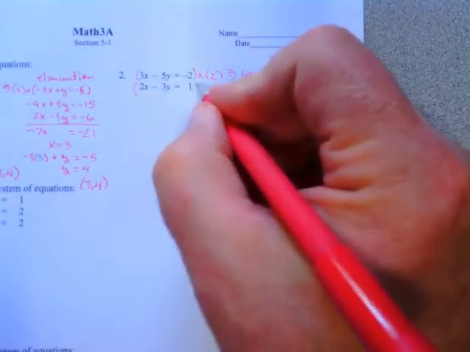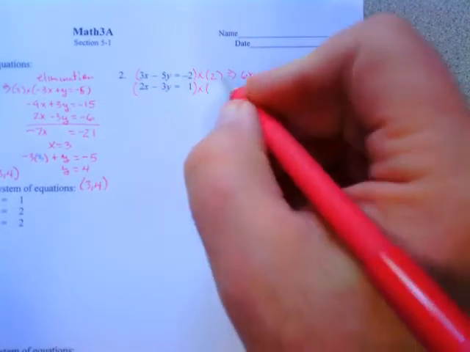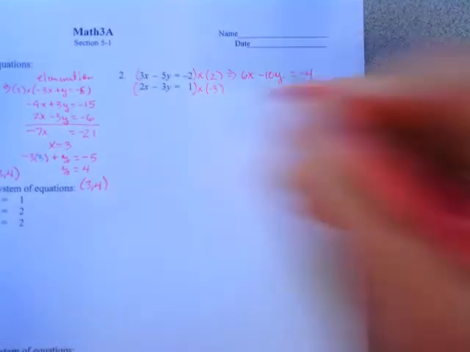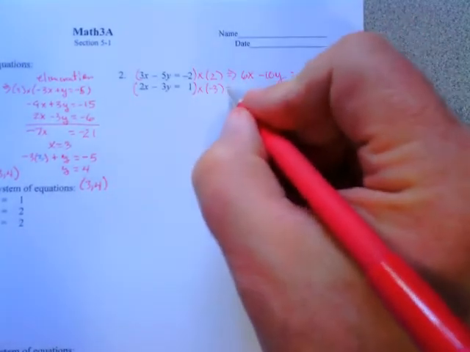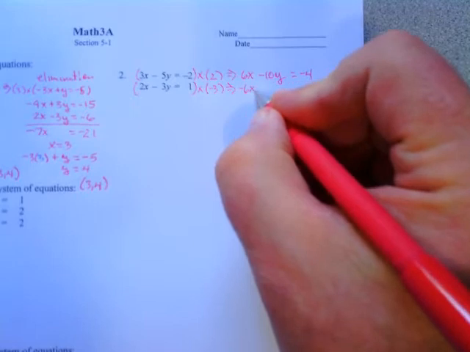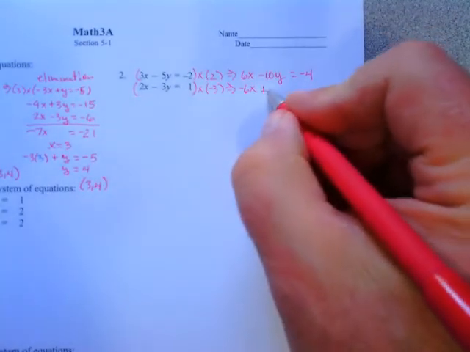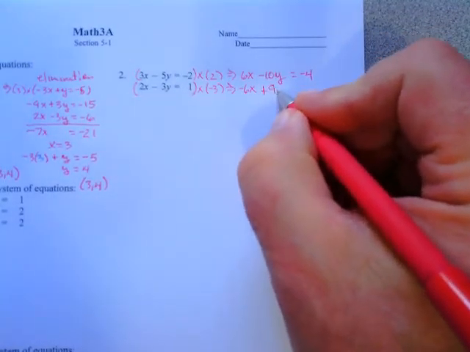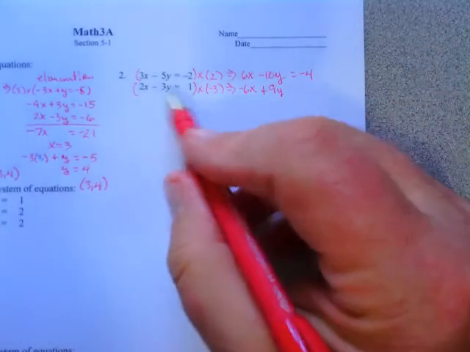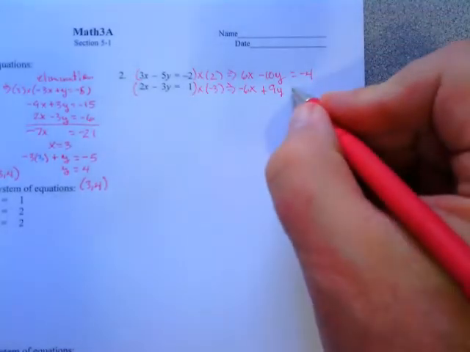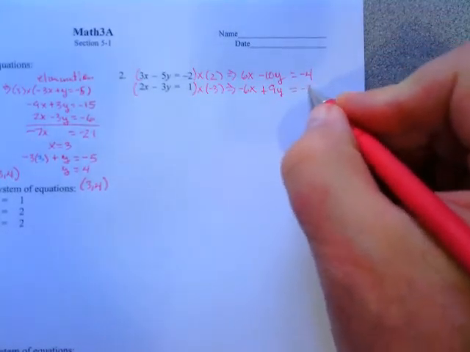In the second one, I'm going to multiply everybody by negative 3. That would give me negative 6x plus 9y. Notice it's plus 9y because this is negative 3 times negative 3, and then equals negative 3.